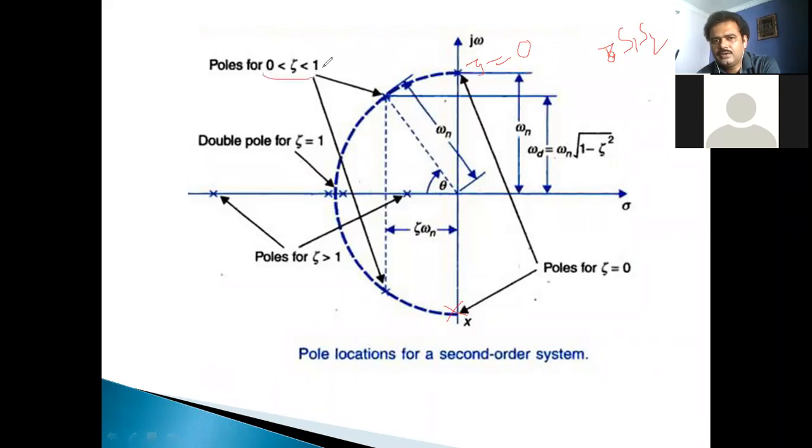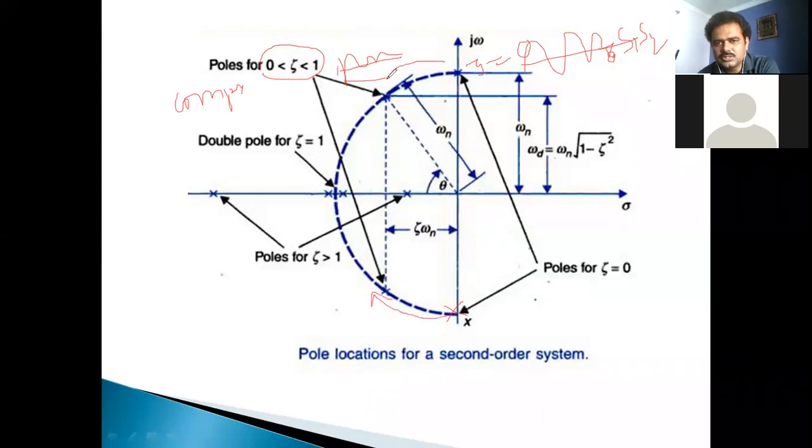Next, if we increase the zeta value, the oscillatory response becomes a damped response, gradually reaching the steady state value. When zeta lies between 0 and 1, the roots are complex conjugate roots, and they move in this direction.